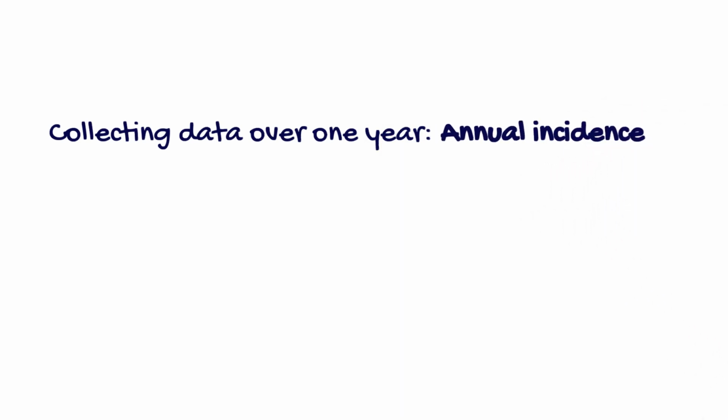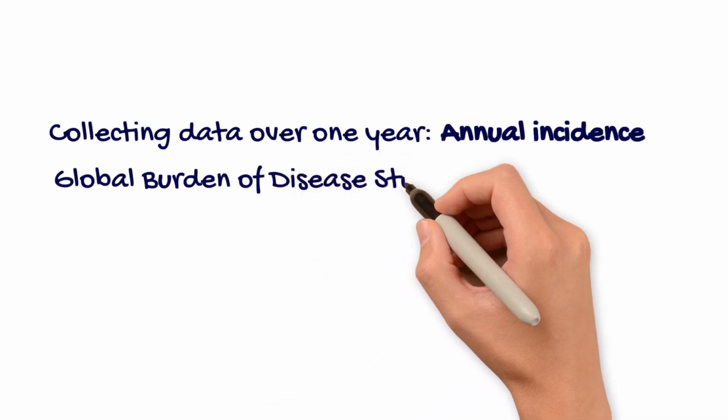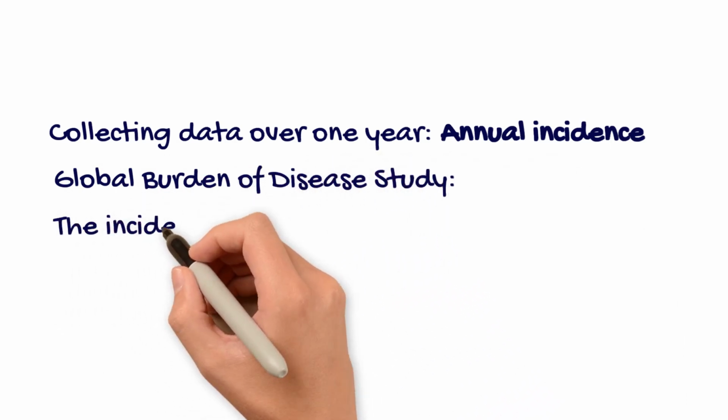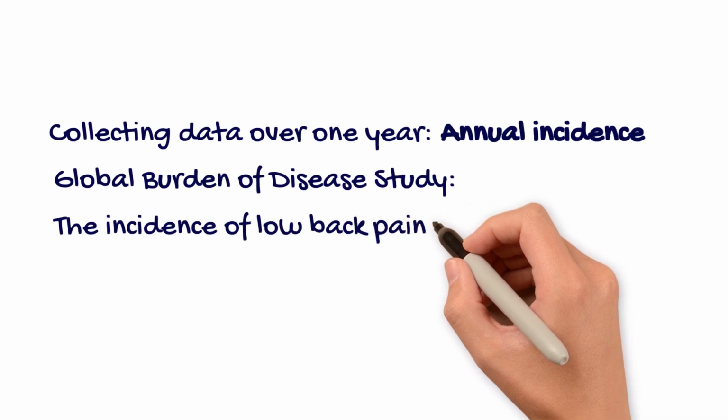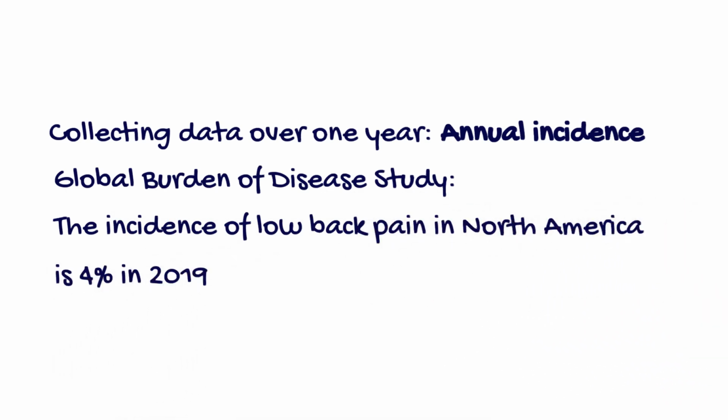For example, in 2019, the Global Burden of Disease study found the incidence of low back pain in North America was 4%. This means 4% of the people living in North America didn't have low back pain at the beginning of 2019, but at some point during that year, they developed it.